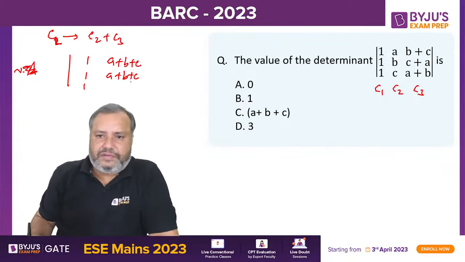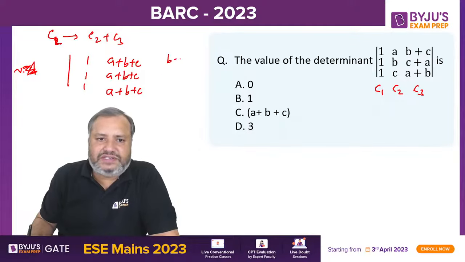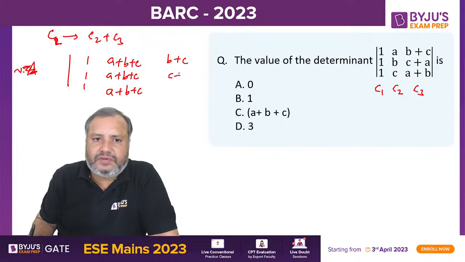So once again, a plus b plus c, column C3 as it is, b plus c, c plus a, and a plus b.